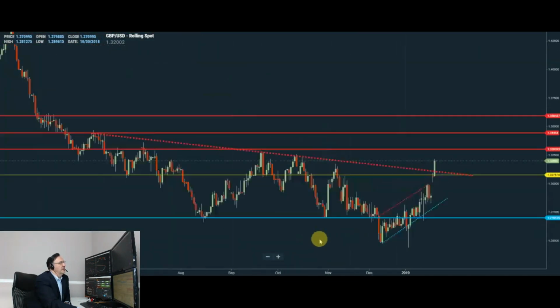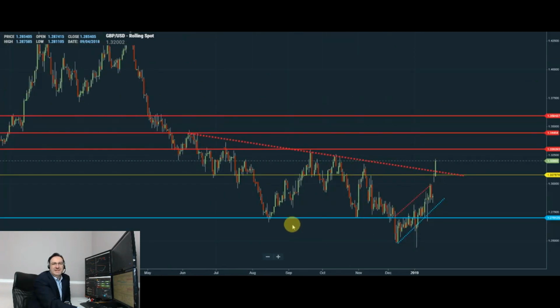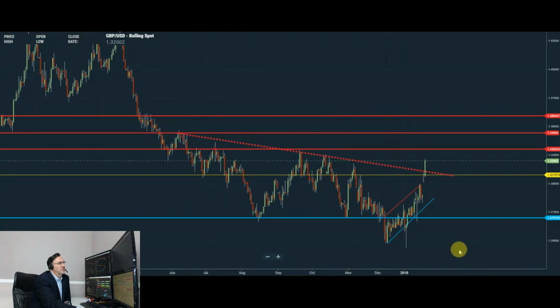And finally, let's take a look at cable. Quite topical in light of next week's UK Parliament, yet another vote on Brexit deal. We saw sterling strength late Friday afternoon, and a breakout above that psychologically important 1.30 level, falling resistance trend line, and also a horizontal level that was closely watched, and a round number as well.